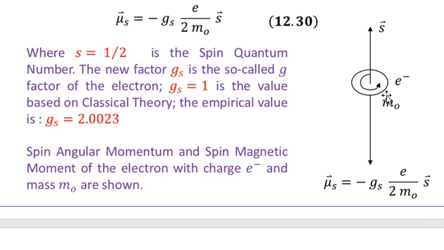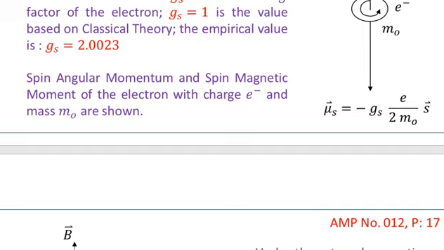S can have any direction, but it is always perpendicular to the plane of rotation of the electron about its own axis. So S and mu S will always be perpendicular to that plane, and their directions are mutually at 180 degrees to each other, but their directions are not fixed in space.